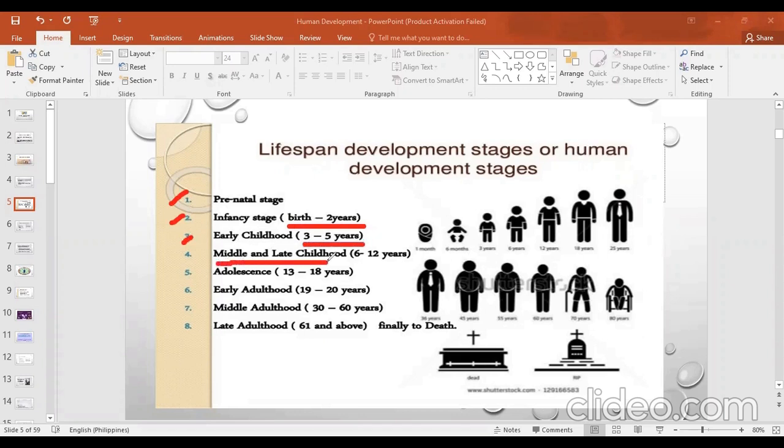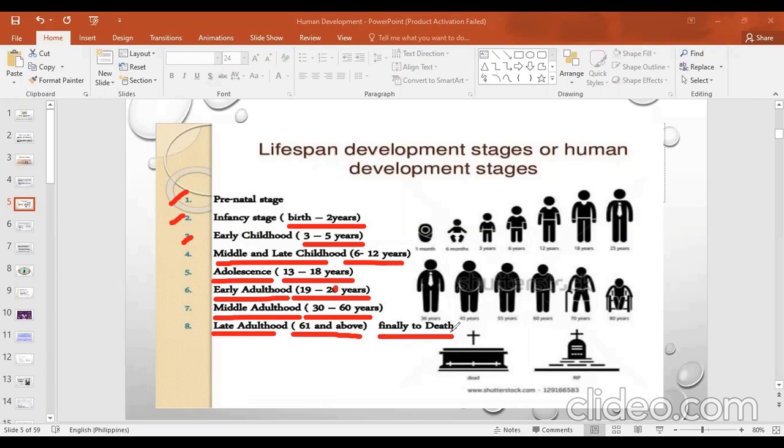Middle and late childhood, 6 to 12 years. Adolescence, 13 to 18 years. Early adulthood, 19 to 29 years. Middle adulthood, 30 to 60 years. Okay, it should be 29. It should be 29, okay? Next, we have late adulthood, 61 and above. Finally, to death.